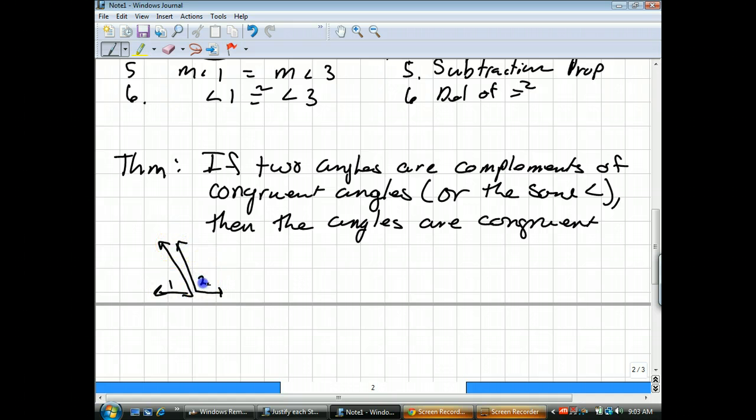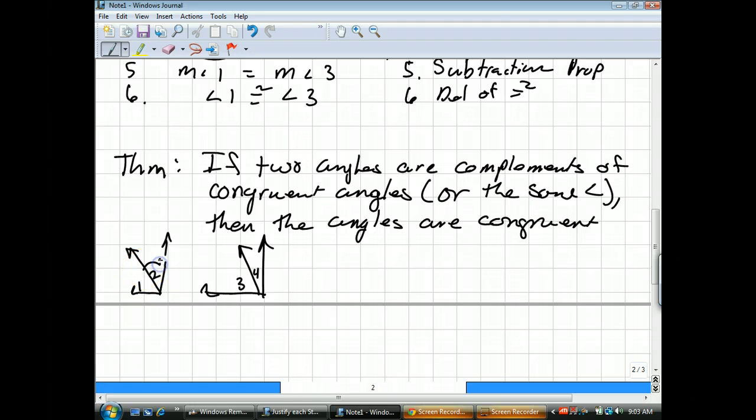So this is angle 1 and angle 2. Oops, I keep wanting to do supplementary, I'm sorry. So there's angle 1 and angle 2. Angle 3 and angle 4.